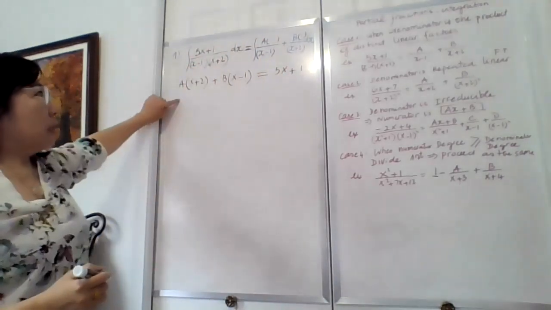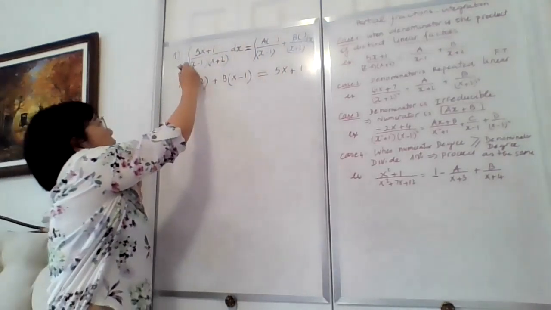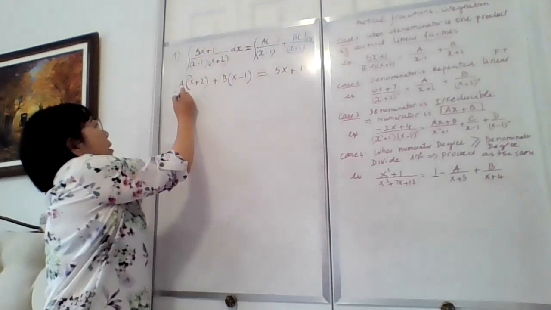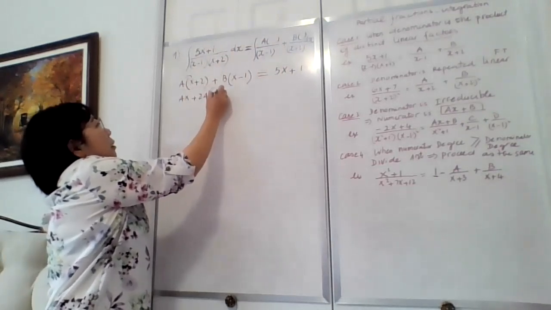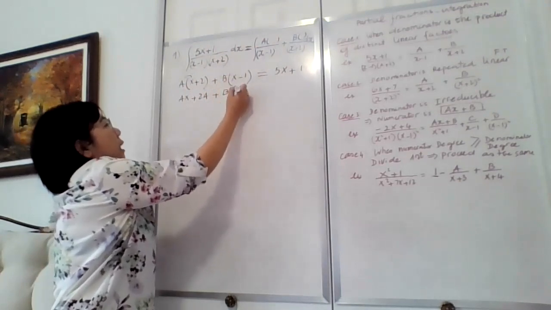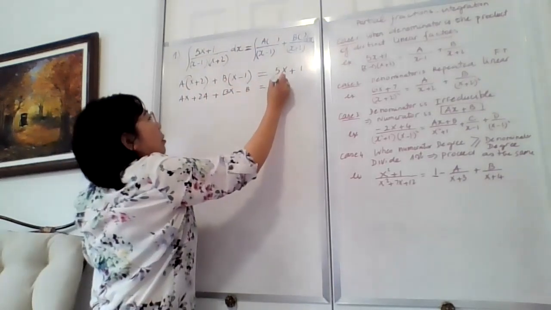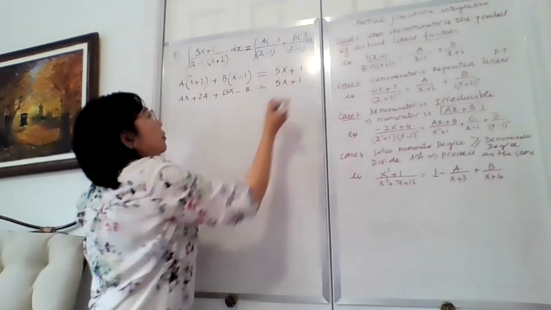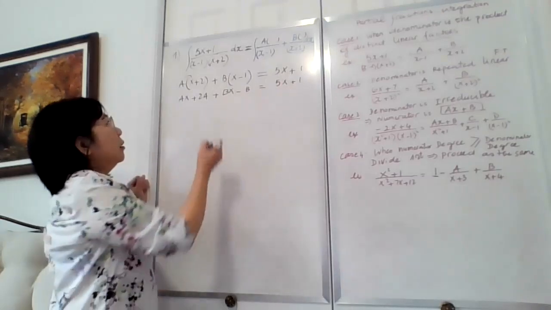I hope that is clear to you, right? Now I'm going to distribute this. I'm going to say A times x plus 2A plus B times x, which is Bx, minus B. This expression equals 5x plus 1. The numerator equals the numerator, right?